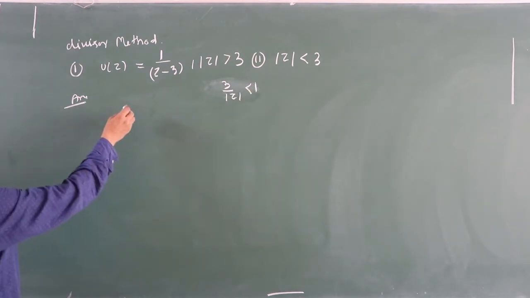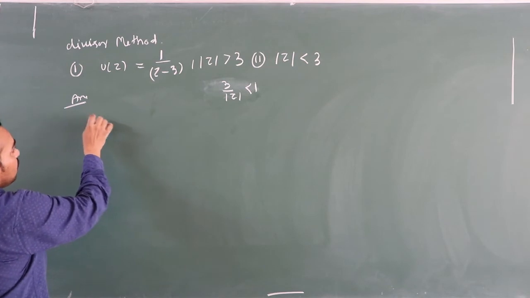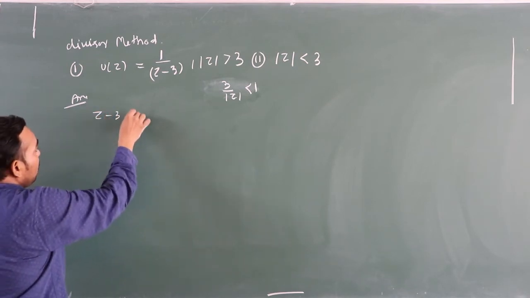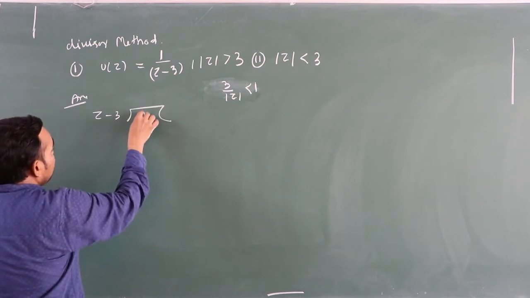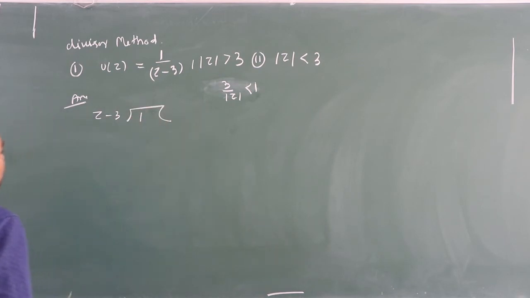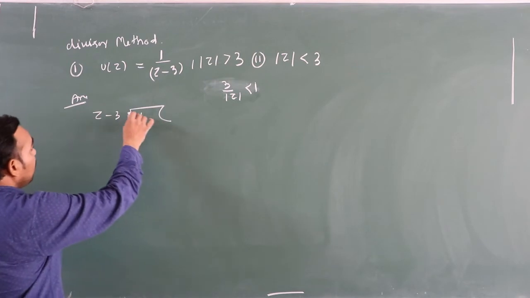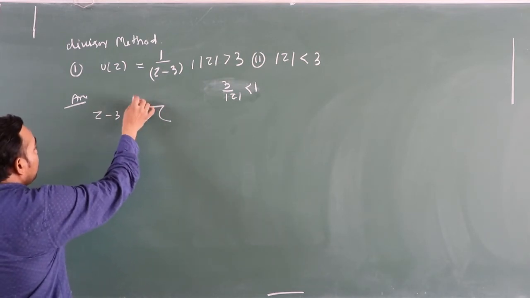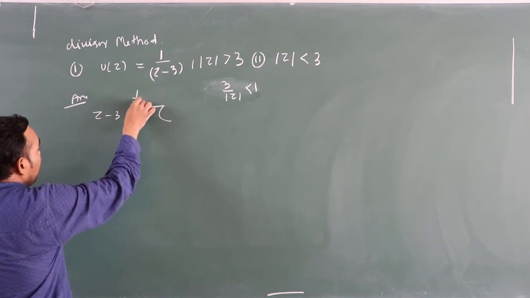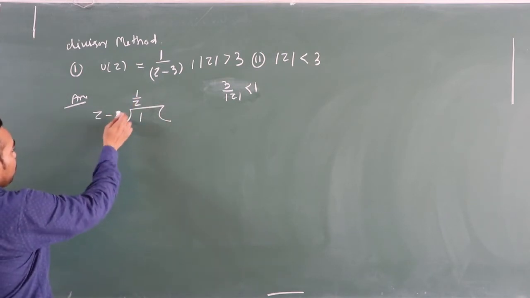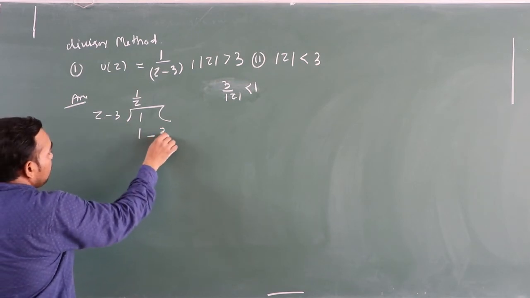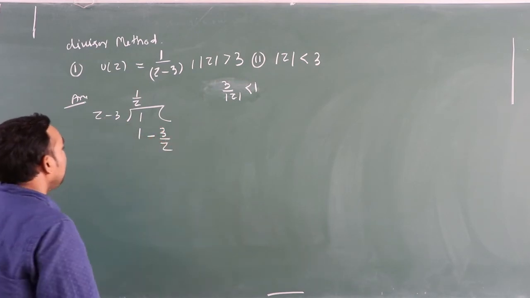So here we divide 1 by Z minus 3. Dividing by Z, we simply get 1 minus 3 upon Z.